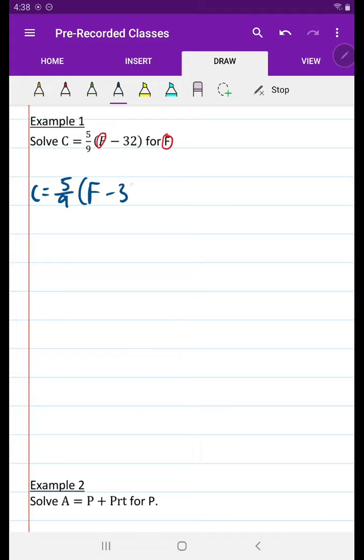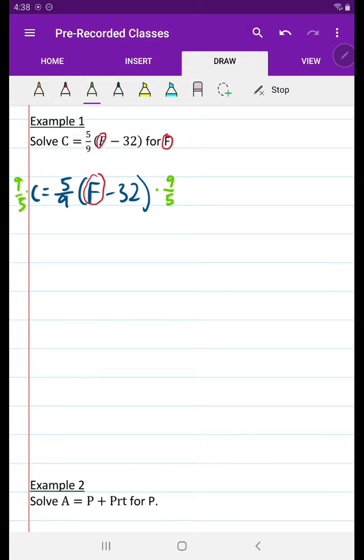equals 5/9 (F minus 32). Okay, so you can see that F is locked up in those parentheses, and so we want to get it out of those parentheses. So the first thing that we could do to unlock those parentheses is multiply both sides by the reciprocal of 5/9, right? So we'll multiply by 9 over 5.